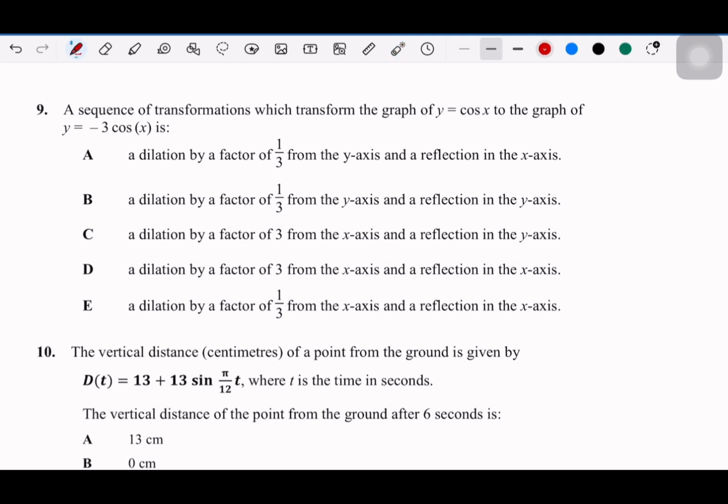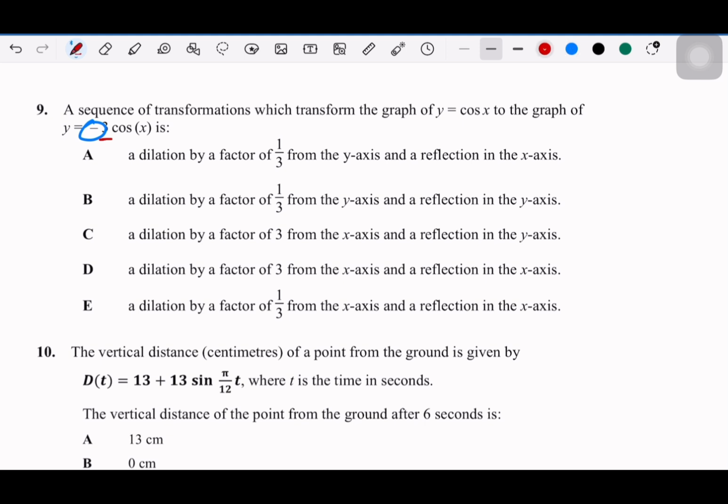So we can see a dilation in the x-axis by factor 3. We can also see a reflection in the x-axis. My bad, just a reflection.